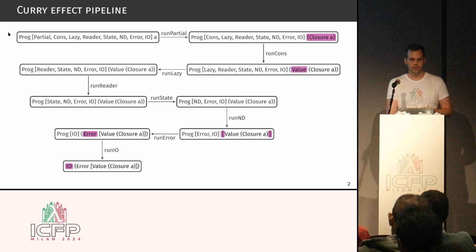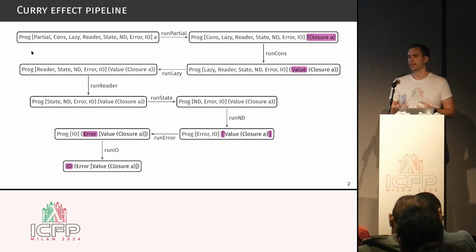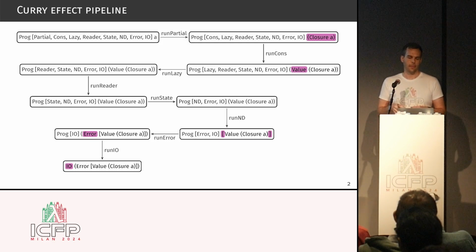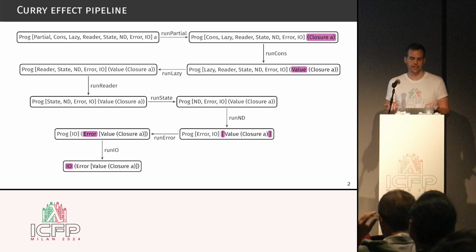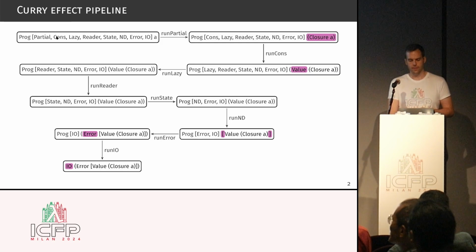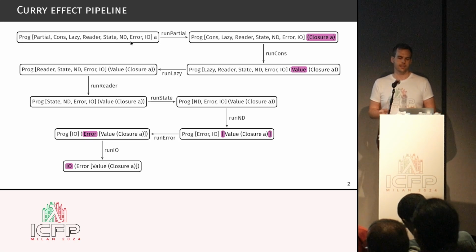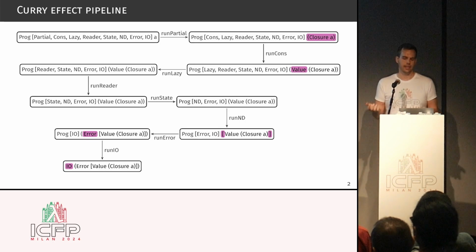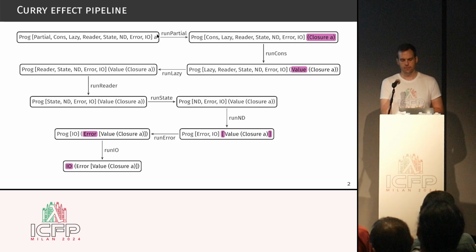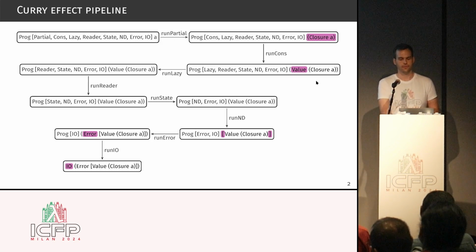What we have here is this proc type that enables us to express an AST, basically. We have this thing in the middle, which is the signature, a list of effects that we have in the AST. And then we have A, the last parameter here, which is the result type of this particular program.